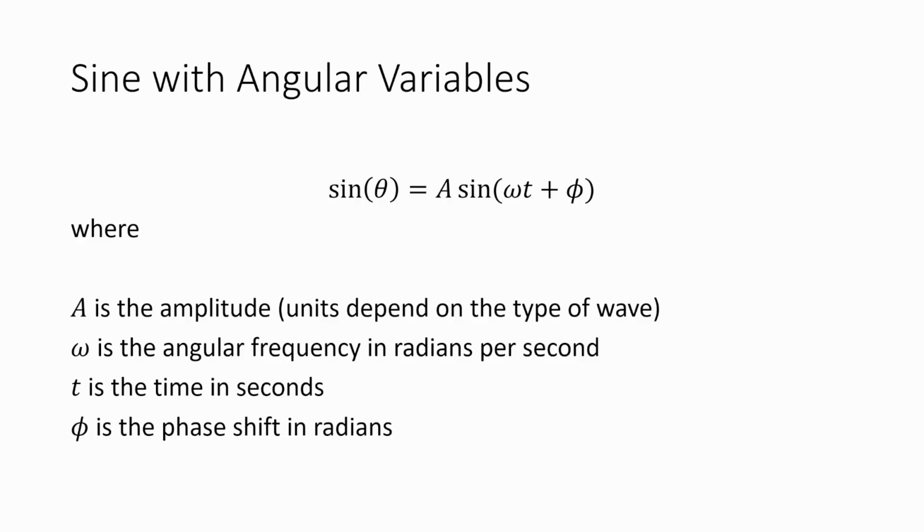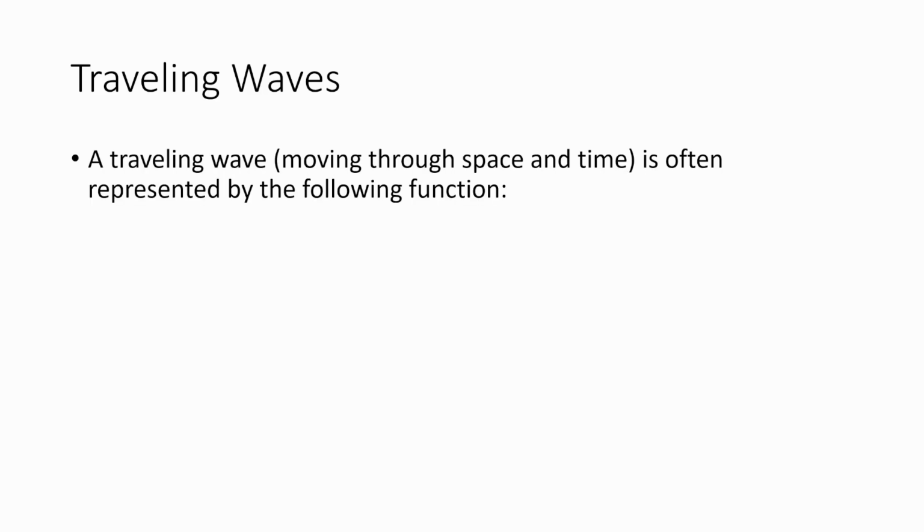T is time, and then we have our phase shift as before. When waves are moving through space and time, so we have a wave that's propagating, maybe like a vibrational wave in a material, if you have something like an auto body panel, there's an impact, and you have this shock wave that propagates through the steel or aluminum or whatever your car is made out of, then you are going to have a function of both position and time.